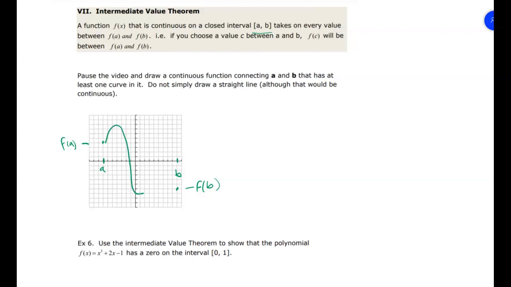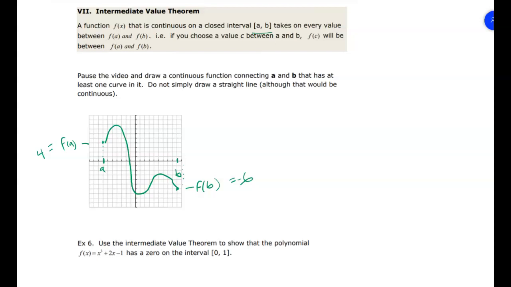Now this theorem doesn't say anything about how far up or down it goes. Let's say f of b is 1, 2, 3, 4, 5, 6. That looks like a -6. And f of a is 1, 2, 3, 4. If I've miscounted, just pretend I counted right.